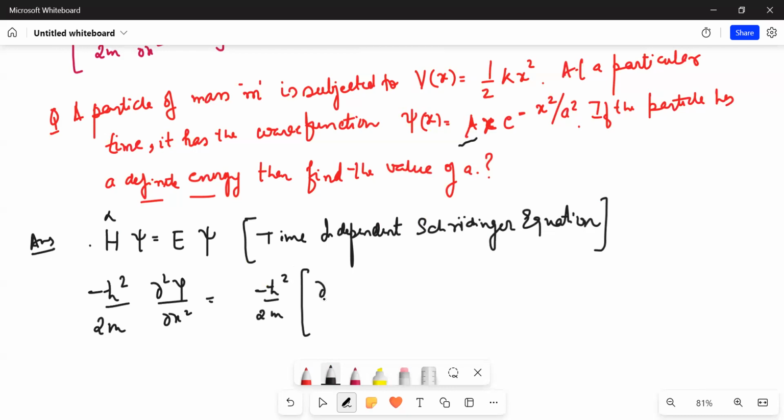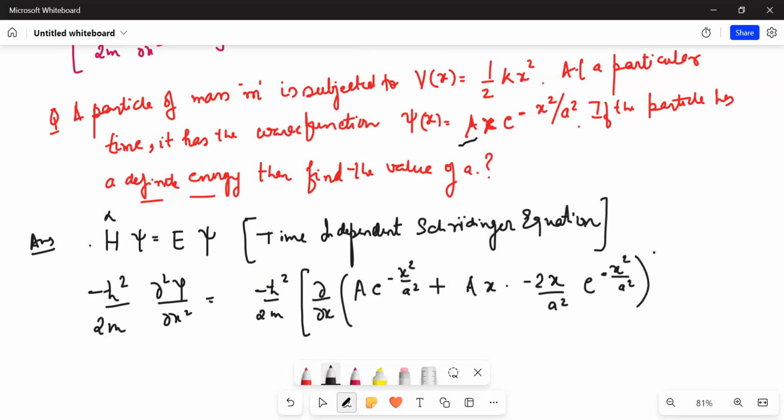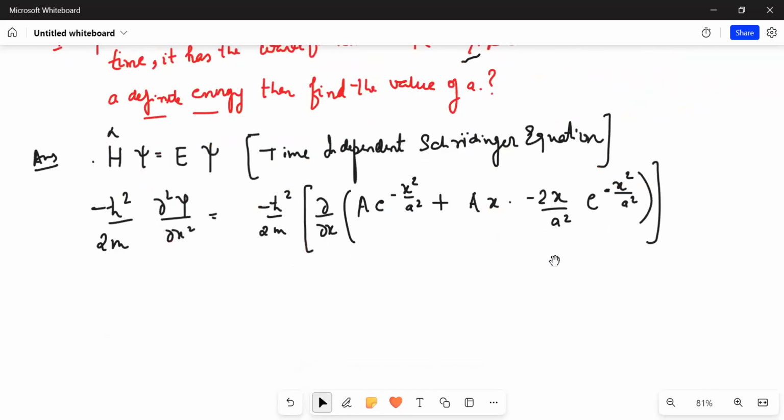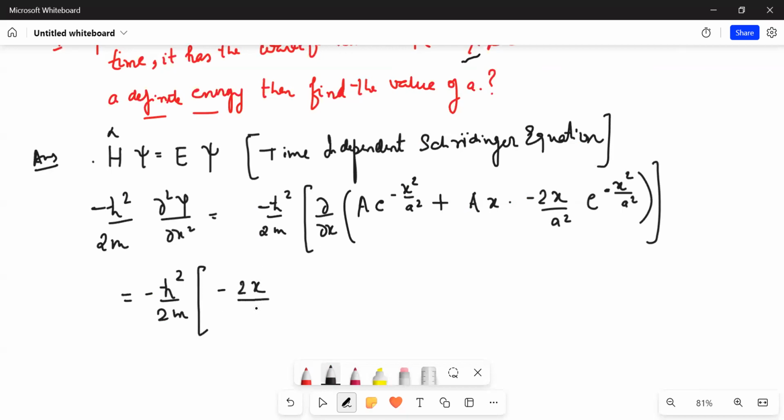First, let us find the first derivative. The first derivative would be simply A e raised to power of minus x squared upon a squared plus A x times minus 2x upon a squared e raised to power of minus x squared upon a squared. And again, if I want to differentiate it, so this will be equivalent to writing minus h bar squared upon 2m. The derivative will be equal to minus 2x, and I want to place this A outside so that this does not disturb me time and again.